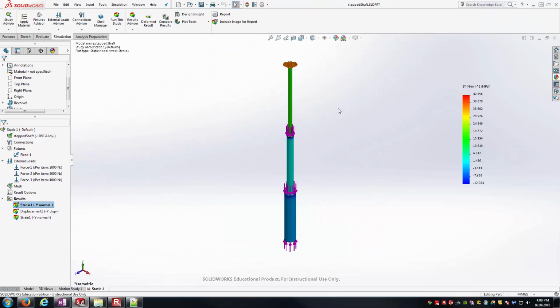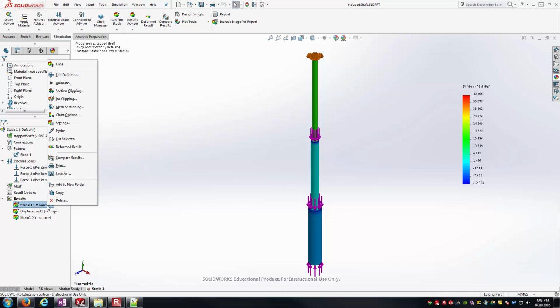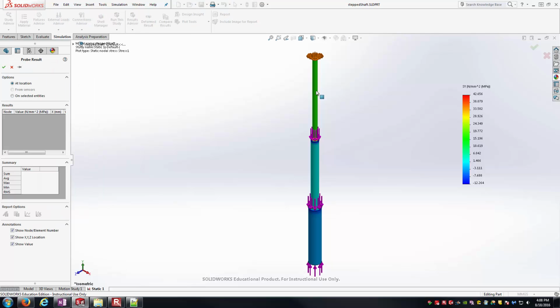And what I've done is I've applied the loads associated with the different weights here, the upward force associated with the contact between the green plate that's getting pulled up by the cables at the bottom. Here's my fixed connection at the top. I'm showing the normal stress plot in the y direction, which you can see by my coordinate system here is the same as before. And I'm just going to probe this thing in the middle of each of these sections.